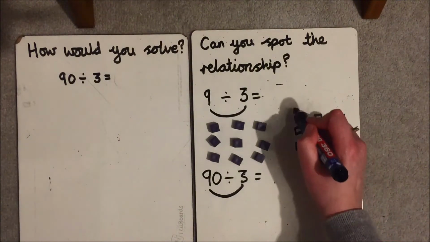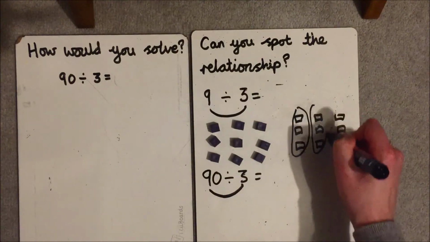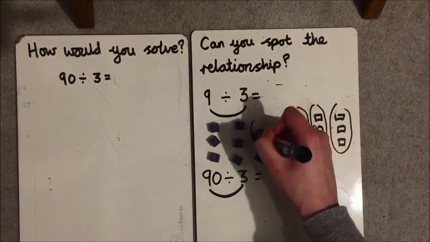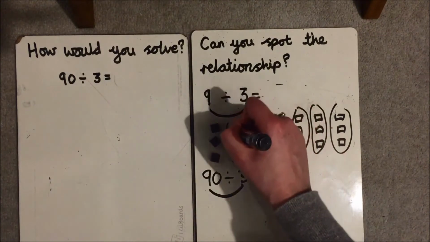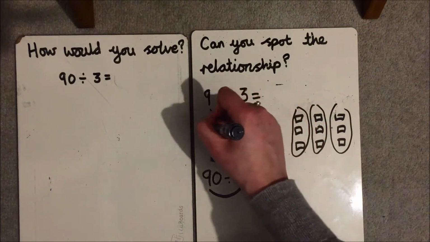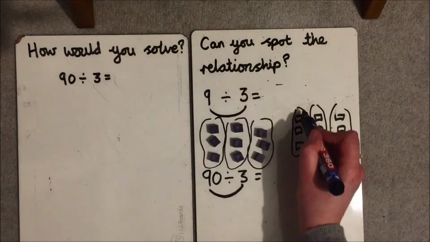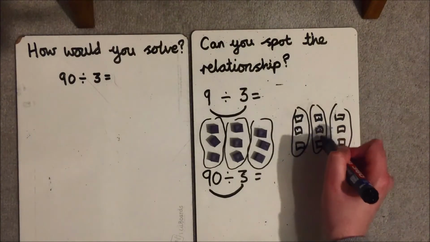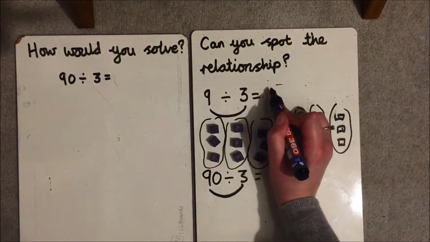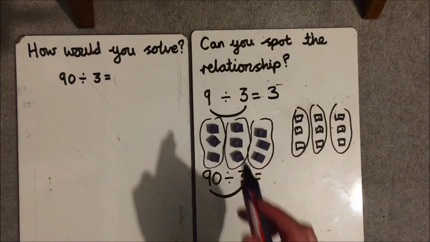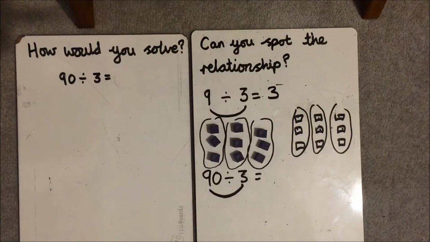So 9 shared between 1 group, 2 groups, 3 groups. Same here. What's my answer? How many does each group have? 3. 1, 2, 3. Every group has 3. 9 shared by 3 is the same as 3.